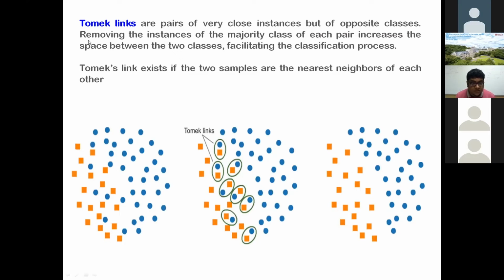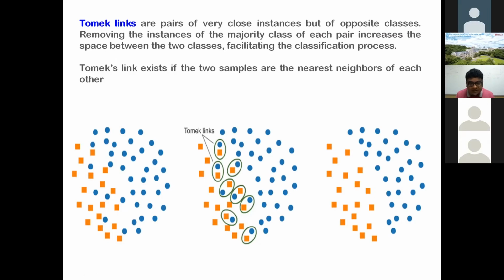What we do is we first populate the minority class with SMOTE, then we identify closest pairs in which one element is from the majority class and the other element is from the minority class. Such couples are called Tomek links. Then we delete all the Tomek links. That actually separates the two classes very well, and such class separation helps the machine learning algorithm to put a right decision boundary.